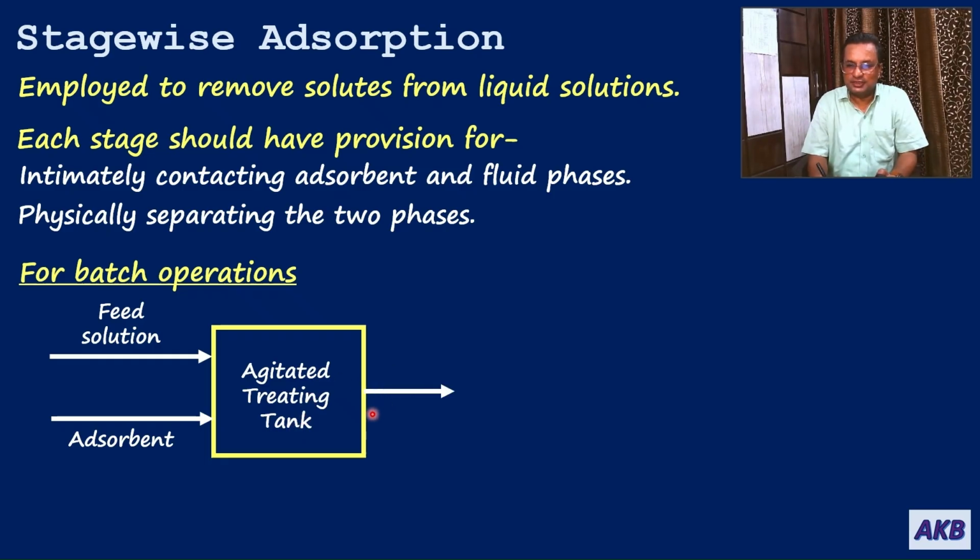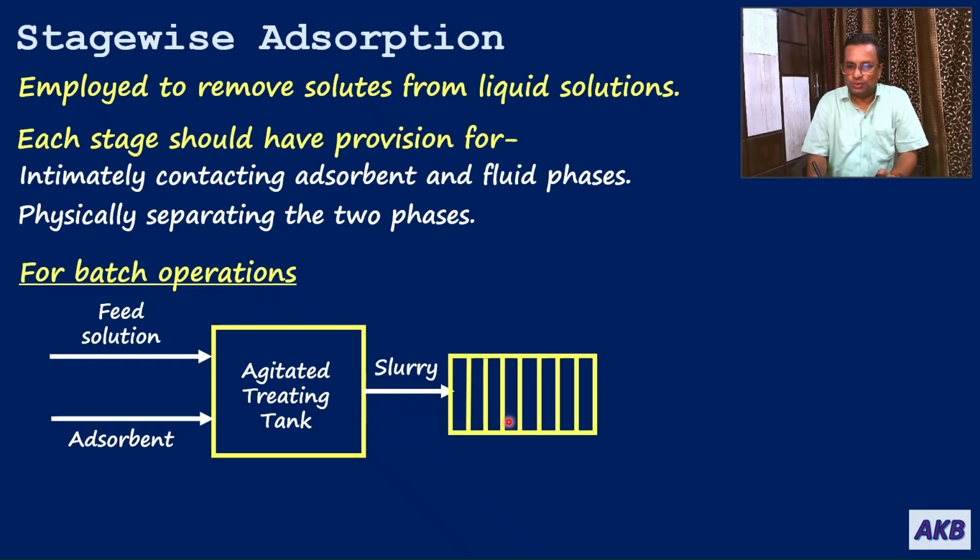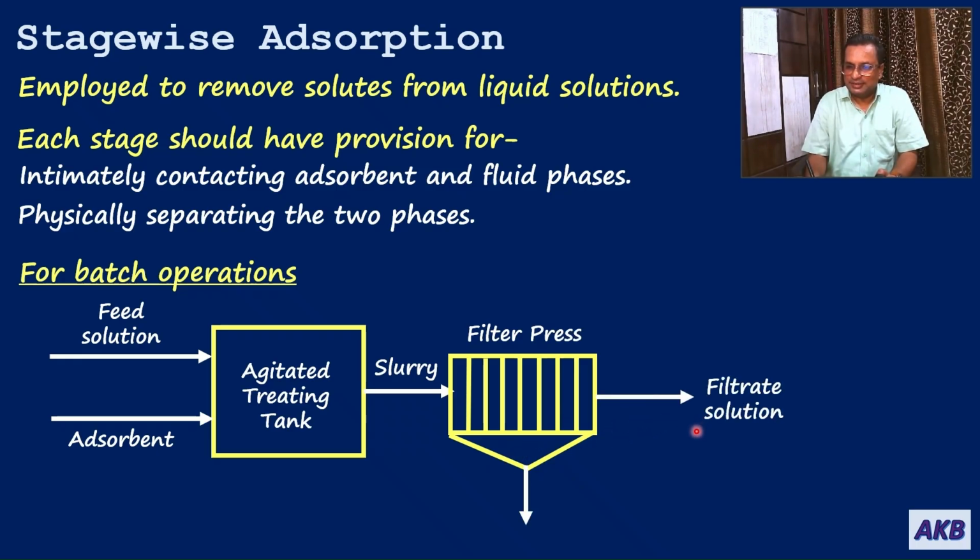Then, for physical separation, the resulting slurry of solid adsorbent in the liquid solution is taken out of the tank and sent to a filter press, where the filtered solution is separated from the solid cake.